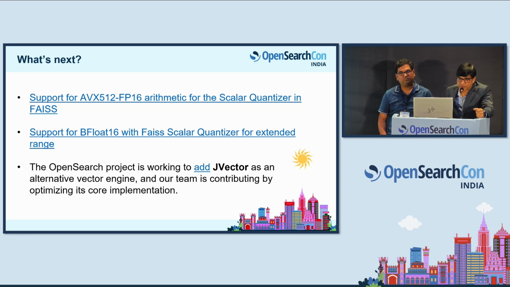In fact, my colleague Abhijit is working with the JVector community to optimize the library. And there is news that OpenSearch is interested. They have a GitHub item to integrate JVector as one of their vector search libraries. So we'll be continuously working with the different communities, be it FAISS, JVector, or OpenSearch, to make sure that all the optimizations we have can be enabled for our users and customers.